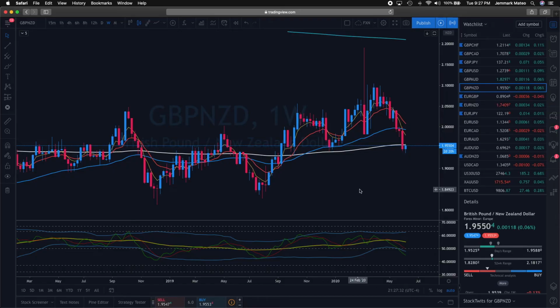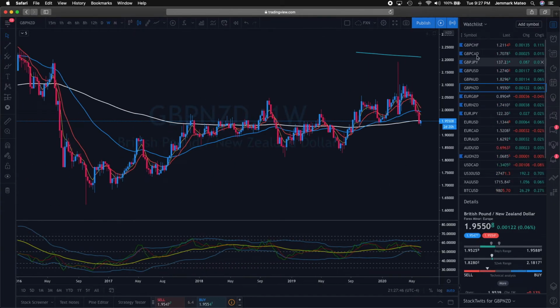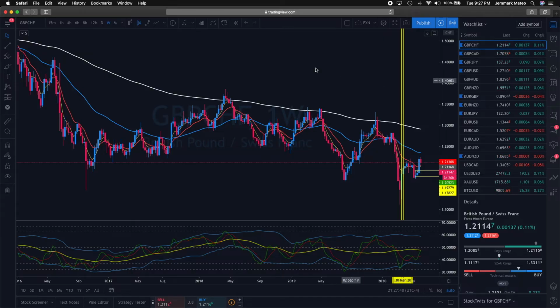All right, so how do we go about identifying potential trades? Literally all we're going to do is go to the weekly charts, just like here, and start from the very top.